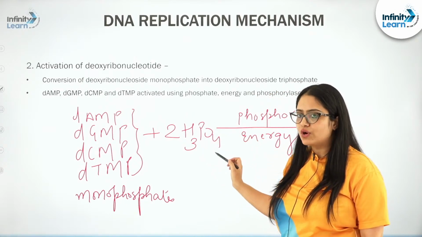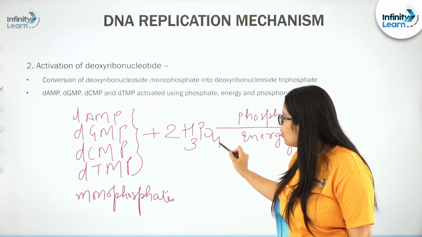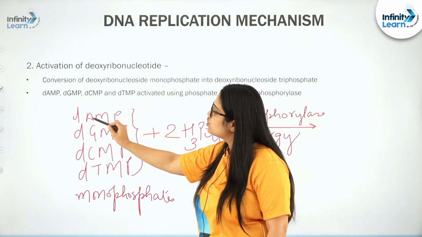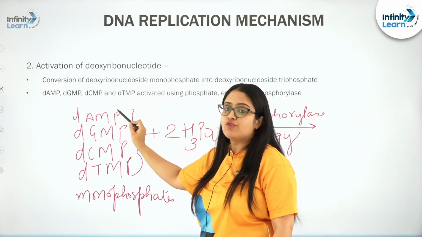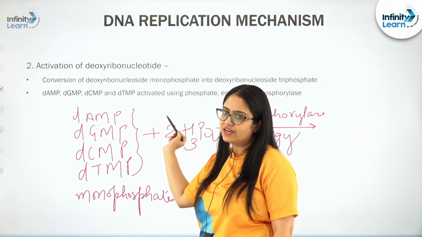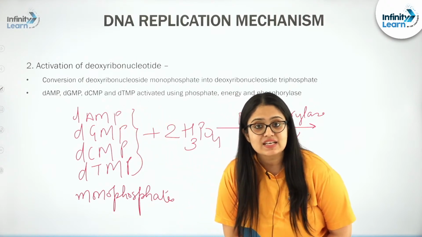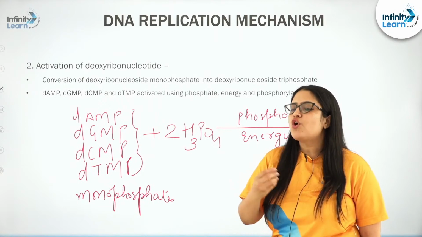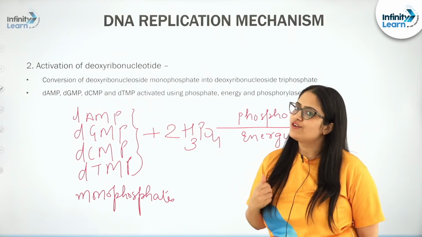As a result, what will happen? The 2 inorganic phosphate groups will get attached to this deoxyribonucleoside monophosphate, and as a result you will get a deoxyribonucleoside triphosphate.